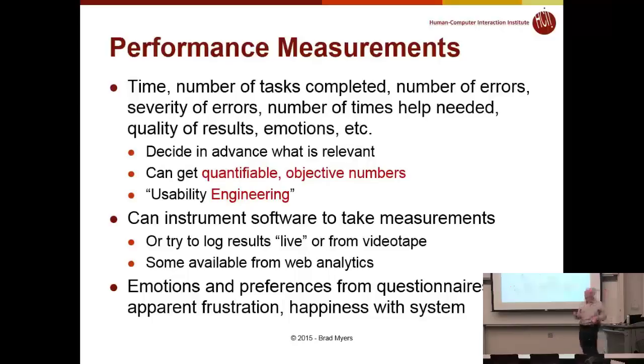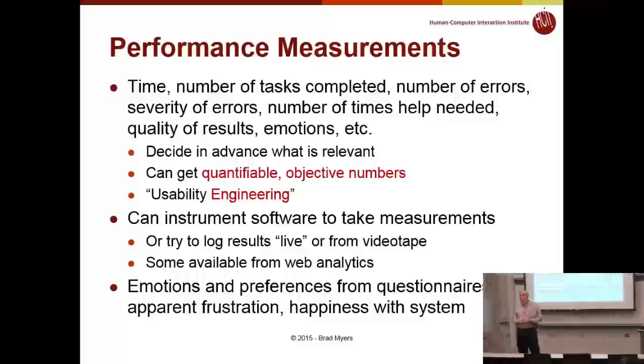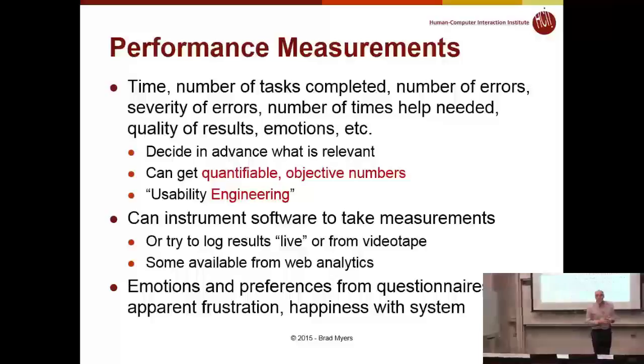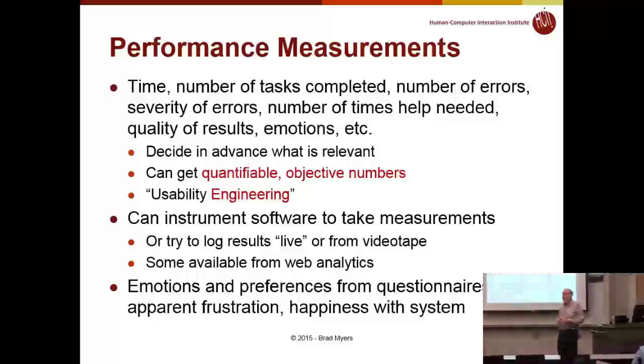So the advantage of having these numbers is that you can get objective, quantifiable measures that you can bring to your management or whatever to tell how you're doing. Are you really getting towards an improved version? Are you succeeding in providing benefit for all this engineering effort you're proposing?